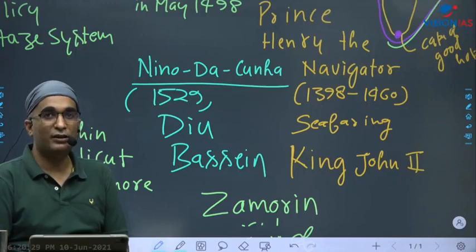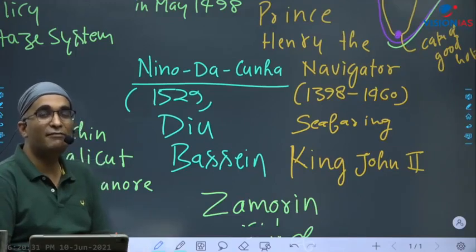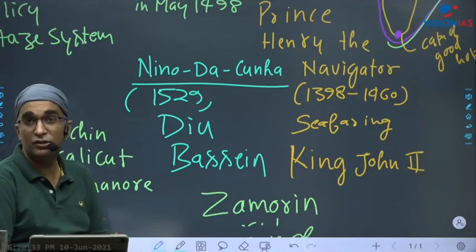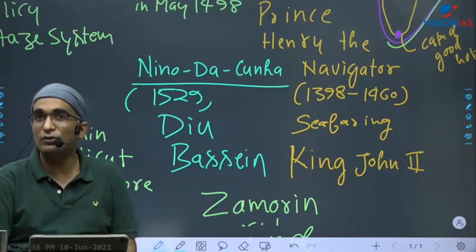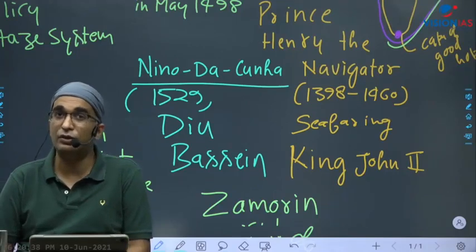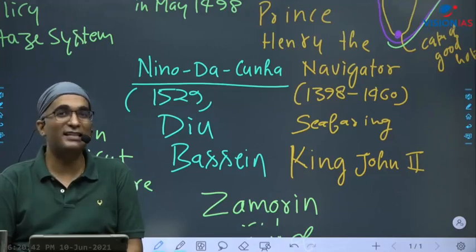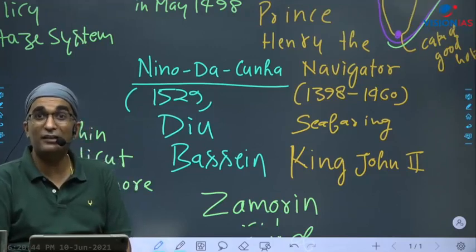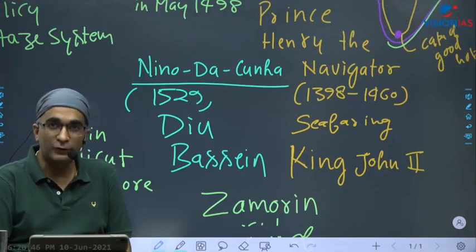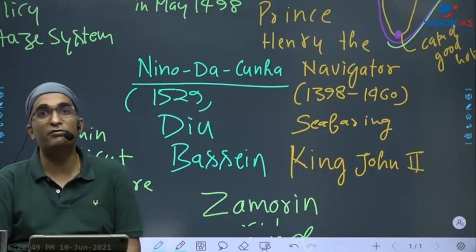The Portuguese never left the places which they first conquered, and they were always going strong in Goa, Daman, Diu. It's only after independence, in the 1960s, that they were evicted from these places by forceful action from the government of India.